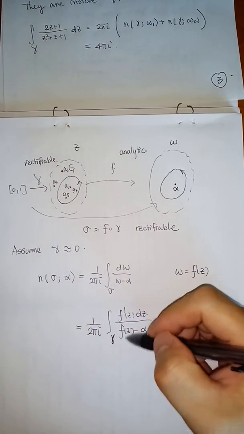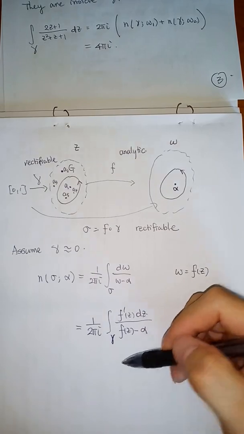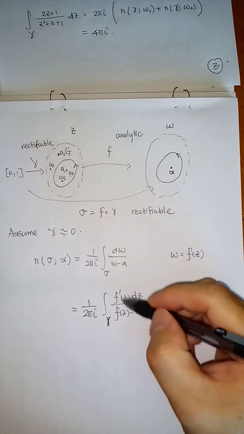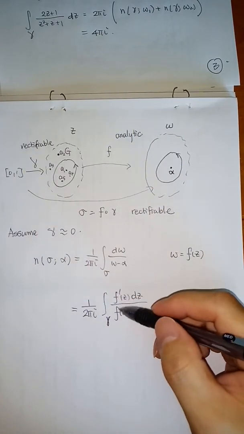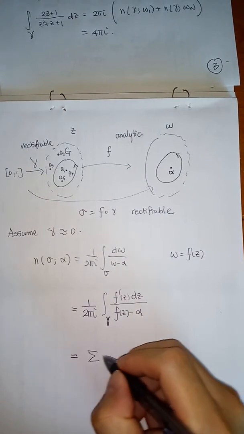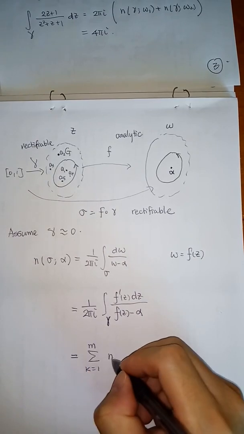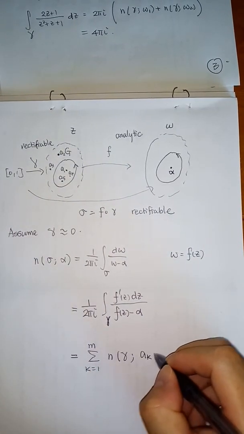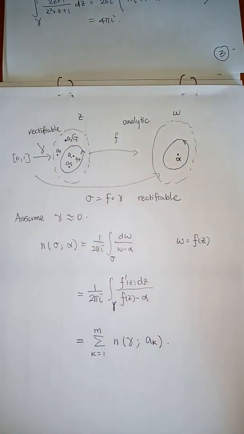There's a small computation: you need to verify these two things are the same. And this one is the formula in the corollary, so it is equal to the sum from k equals 1 to m of the winding number of gamma with respect to ak.